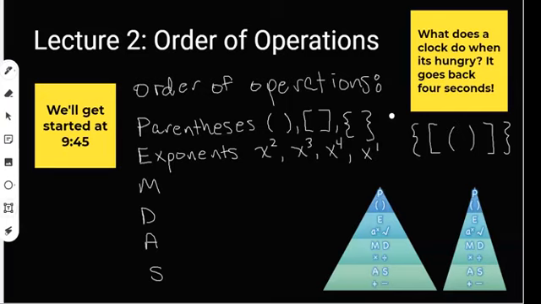These are called exponents. These are just little numbers that indicate how many x's there are. So the 2 means that there are 2 x's, the 3 means 3 x's, the 4 means 4 x's, and the 1 means there's only 1 x there. So the exponents tell you how many variables you have in an expression. And typically what you're going to be doing is squaring, cubing, and taking something to the 4th power.